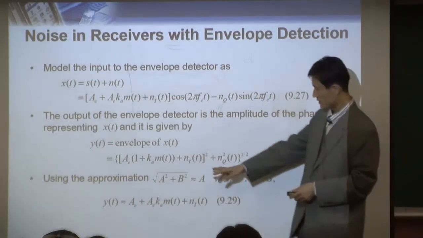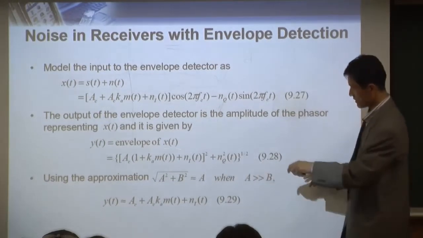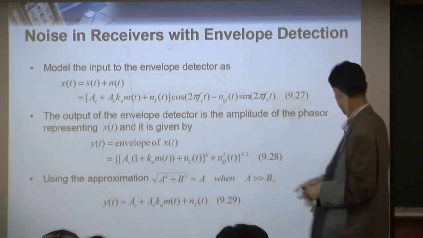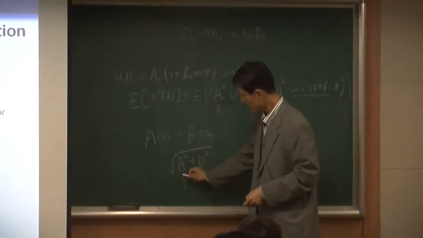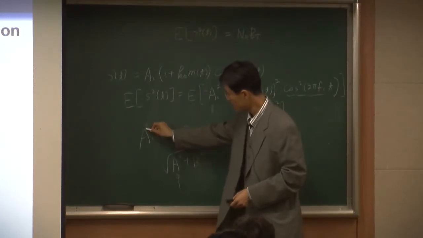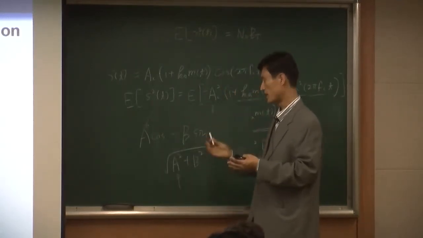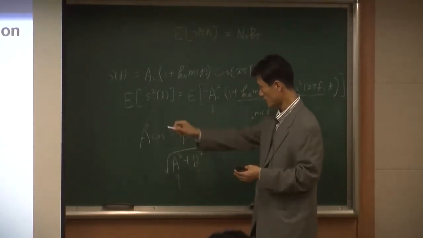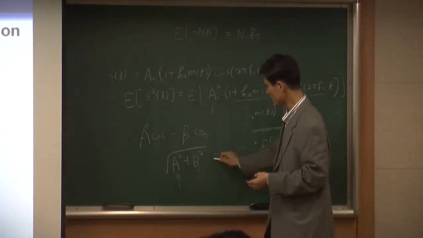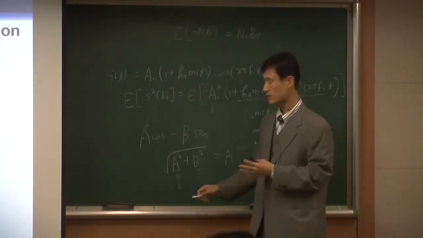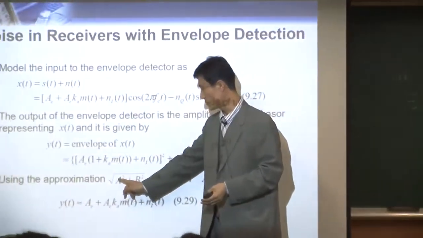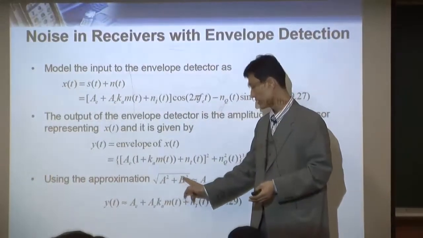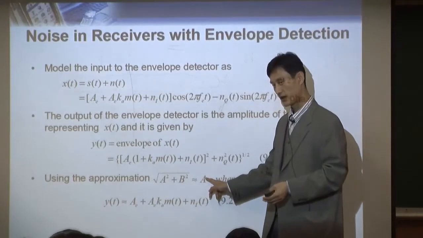Now, when you look at this, if A is much larger than B, then the whole thing is almost the same as A. This is an approximation.